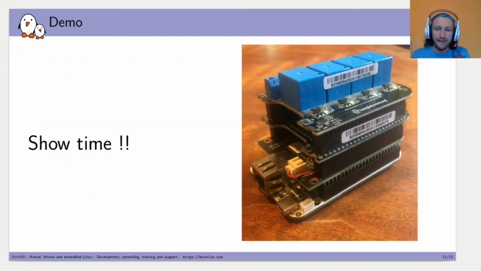But it will be clearer with a demo. So it's showtime. I will just use the board that you see in the photo. It's a Beagleboard AI base board with 3 capes: relay, fan, or other.